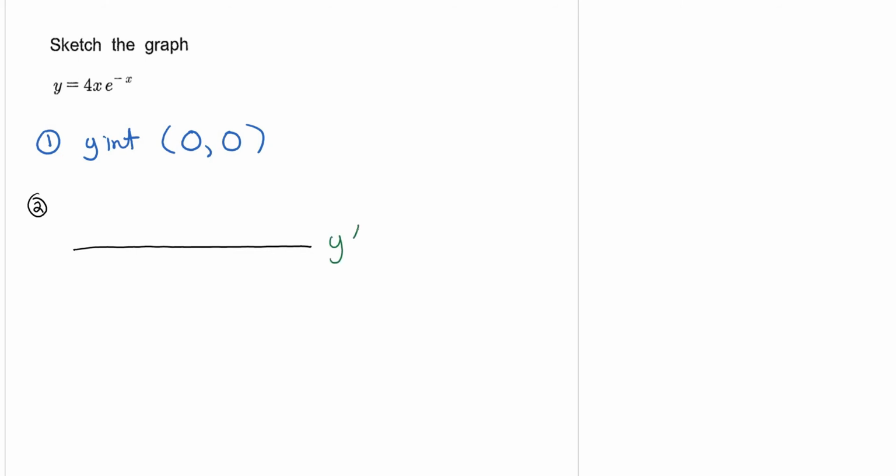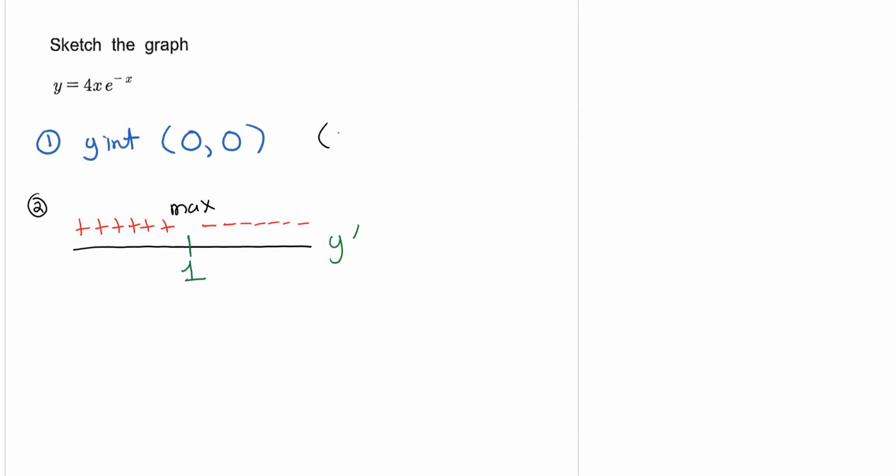So this would be y prime, and the critical number that I have here is going to be 1. And it's going to be positive on the left hand side, and then it's going to be negative on the right hand side, and that means we have a maximum right here. Okay, so once we know that we have a max when x equals 1, I would go ahead and find that coordinate there.